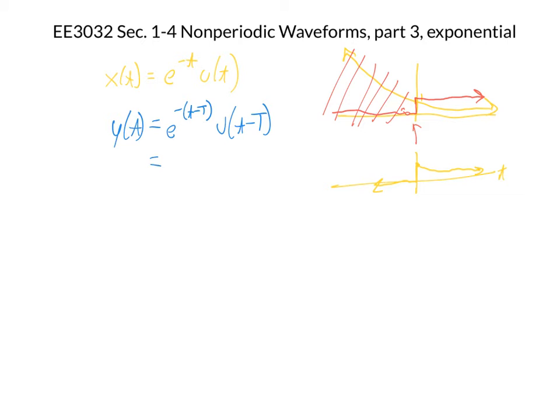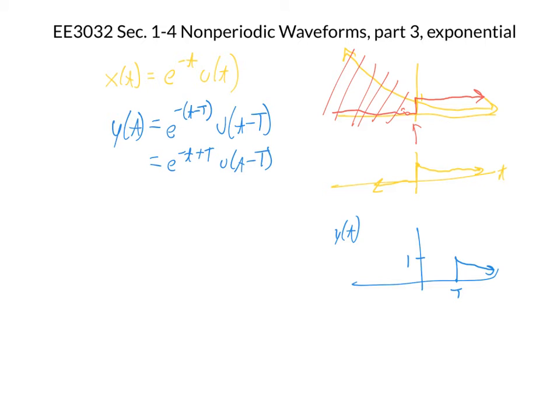And now I have delayed it by capital T seconds. So it's still, in this case, going to start at 1, but it's going to decay from there with a time constant of 1 second.